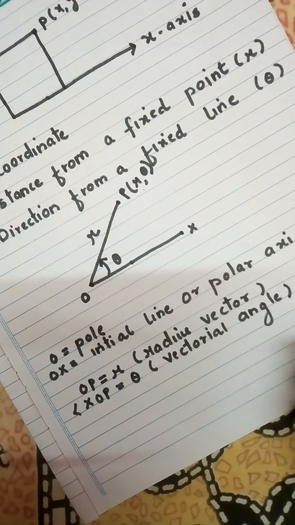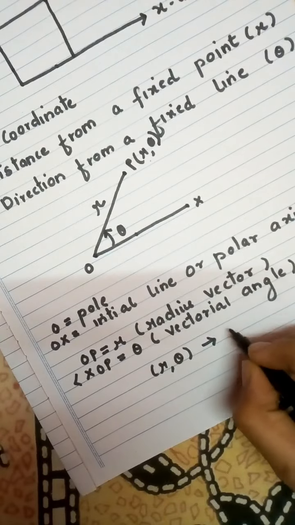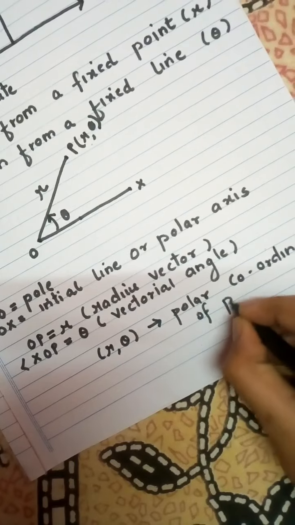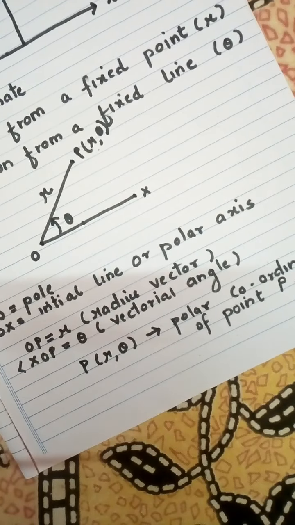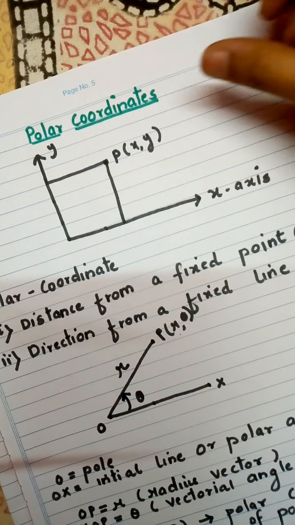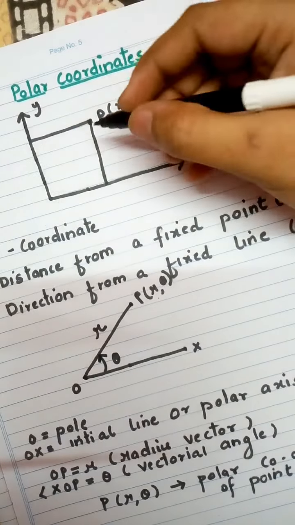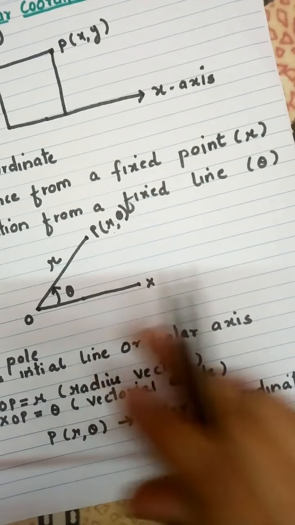These ordered pairs, that is r comma theta, are known as the polar coordinates of point P. I hope you have understood the difference between how to represent a point in the coordinate system using the two criteria, the distance from the x-axis and the distance from the y-axis, and in polar coordinates, where we look at the distance from a fixed point O and the direction from the fixed line, that is theta.